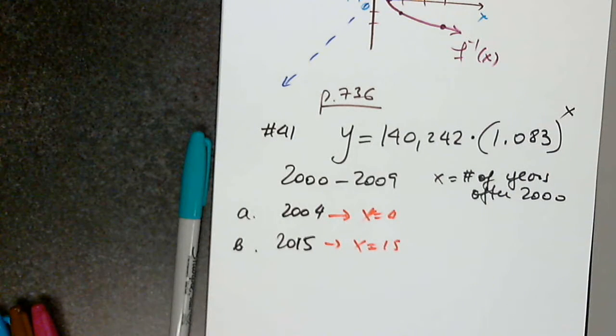Go back to the graphing calculator, in y equals, clear everything you have, and let's punch in 140,242 in parentheses 1.083, close the parenthesis, power, caret, and x. Don't do anything. After you put it in, go to second and table.